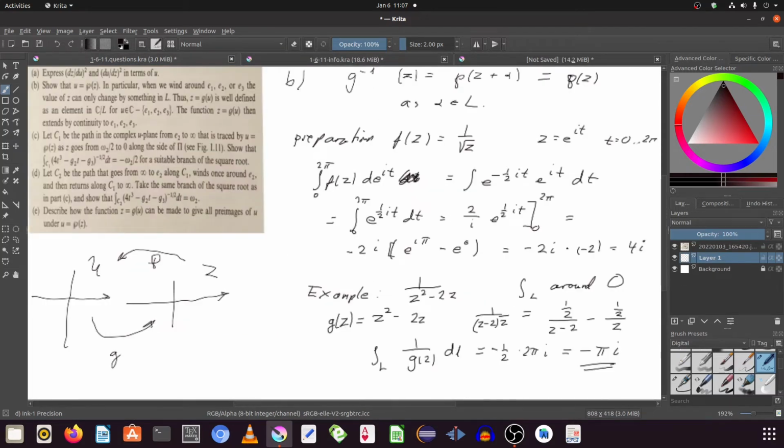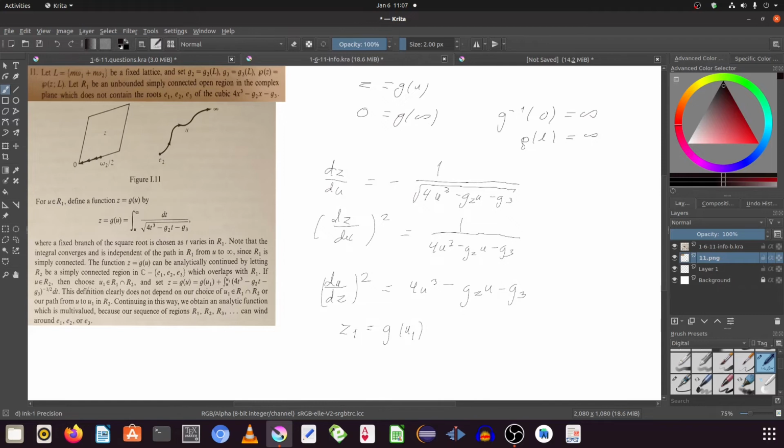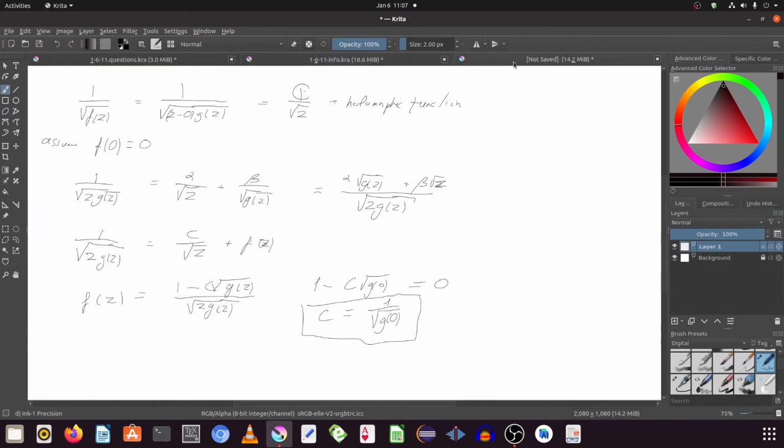Well, I've filled the entire page with this, so we'll have to make a new page. Or maybe we can just do it on the right side here.